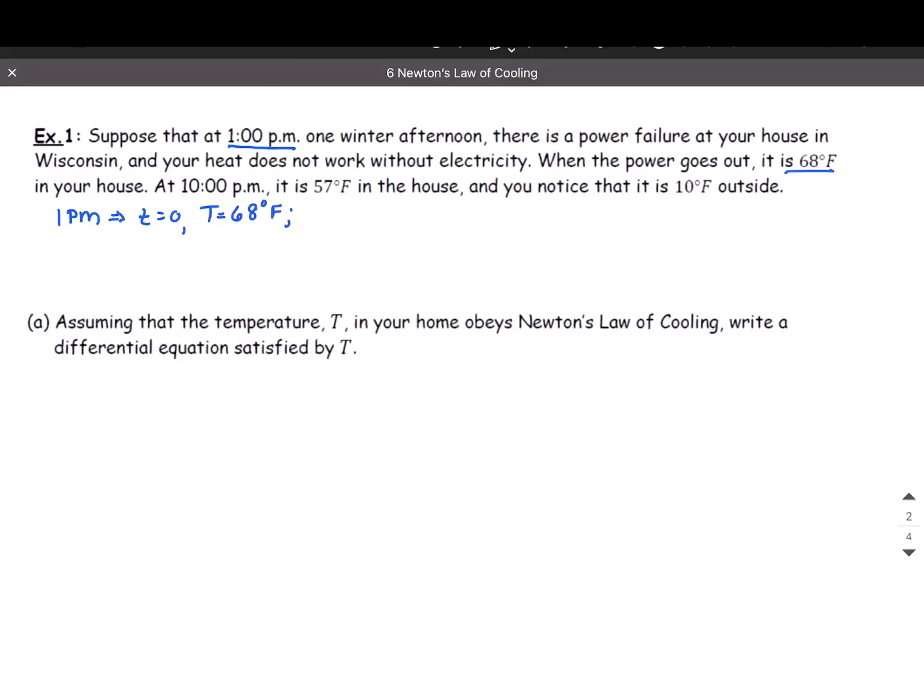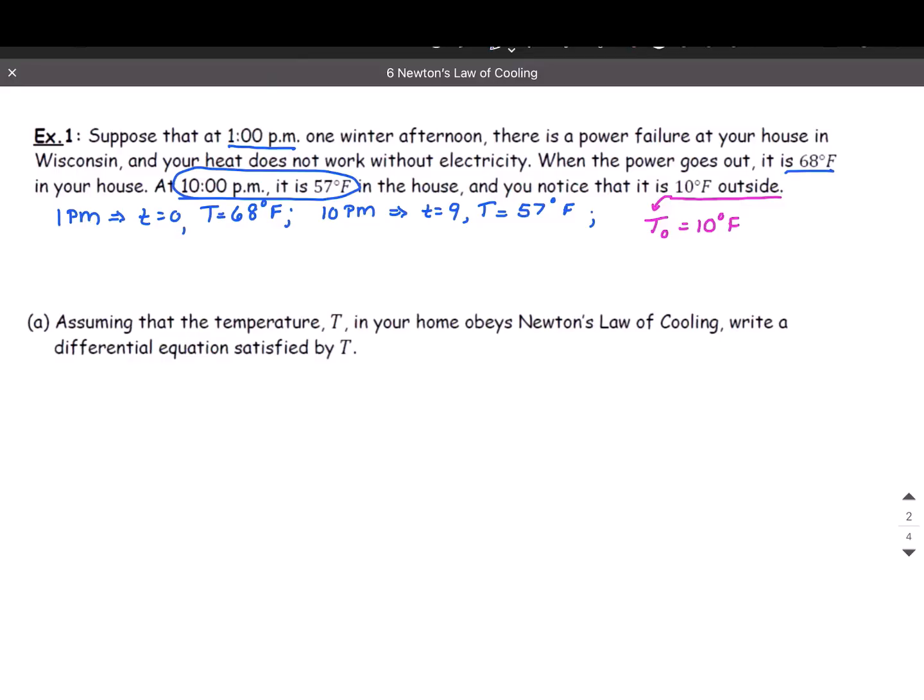Then later on at 10 p.m., if 1 o'clock is 0, 10 o'clock is t equals 9, and we know that the temperature in the house is 57 degrees. And we also know that it's 10 degrees Fahrenheit outside. That's the temperature of the environment, T naught is 10 degrees Fahrenheit.